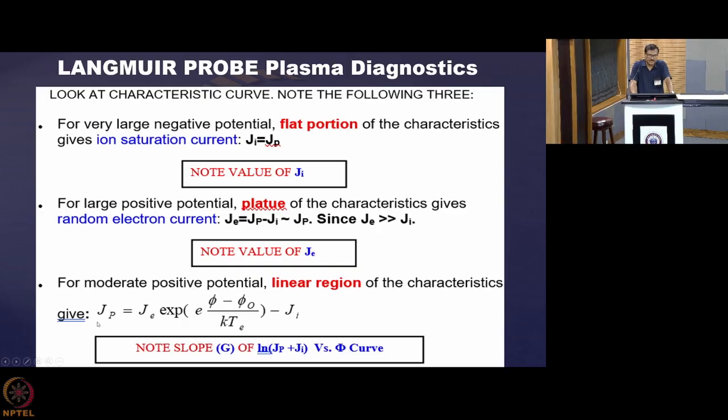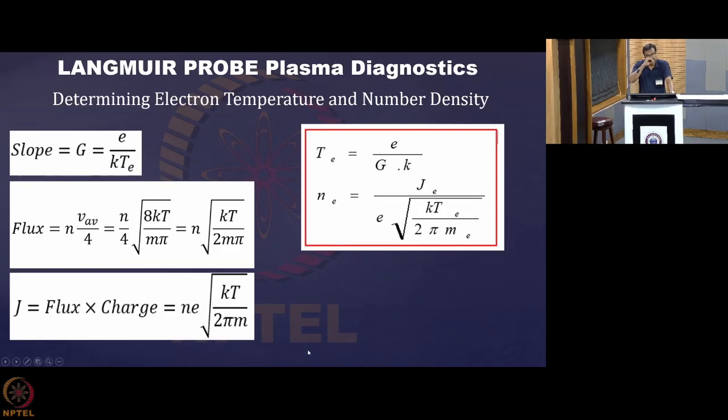That is of interest, and you get a relationship of this kind when you plot the log of Jp plus Ji as a function of applied potential phi. Then it becomes a linear curve, and you get the slope as e by kTe. So if we are able to measure the slope, you know the temperature Te.